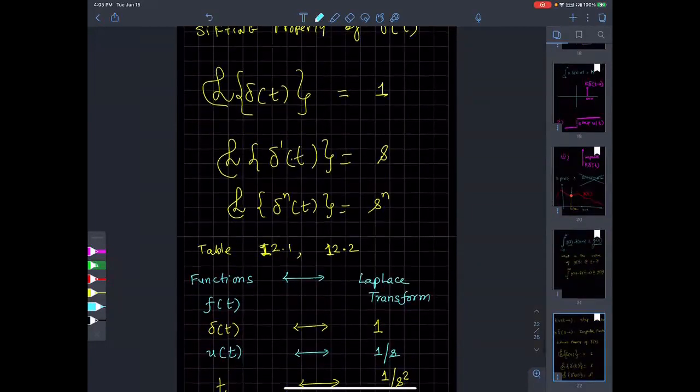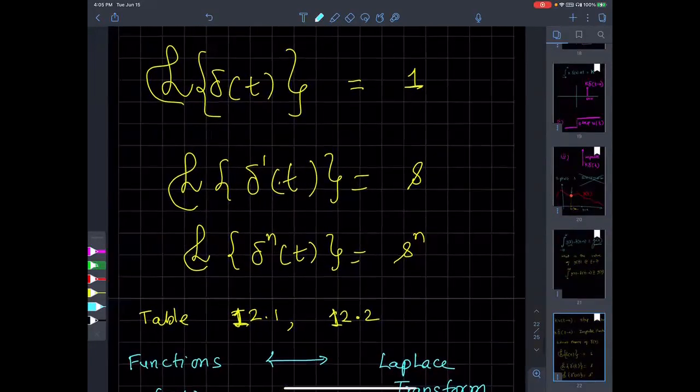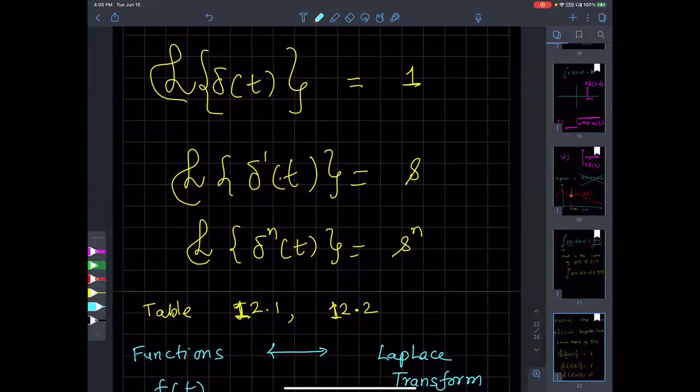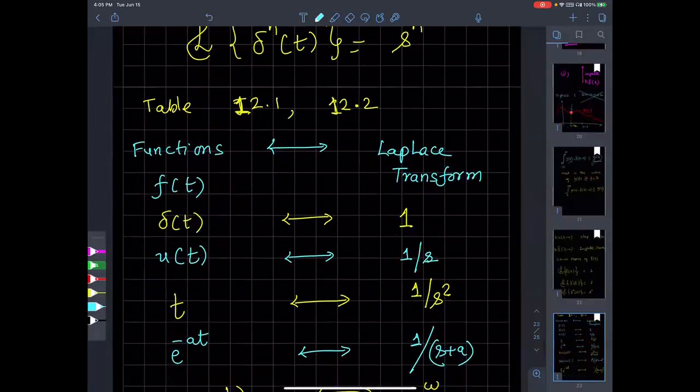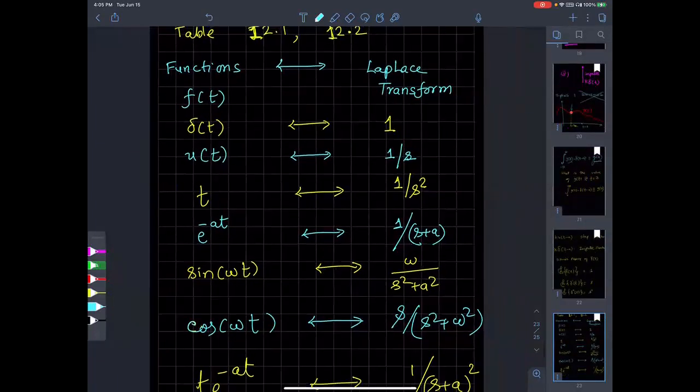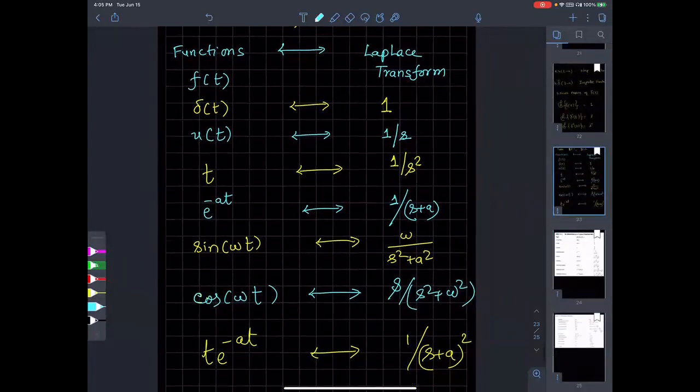And then I gave you the Laplace transform for an impulse function, which is 1. The derivative of an impulse function has s. The nth derivative of an impulse function has s to the n. Then I gave you some functional definitions.